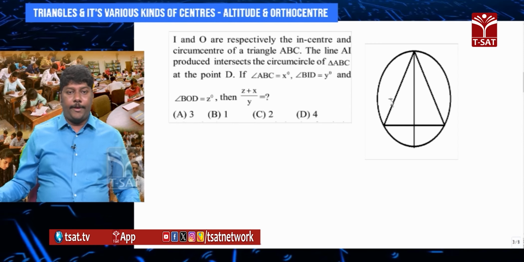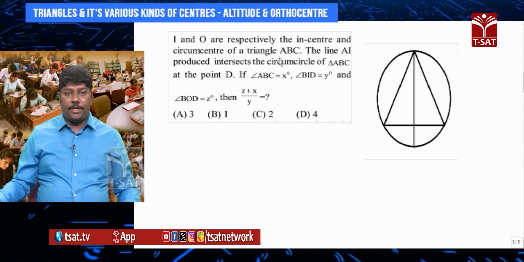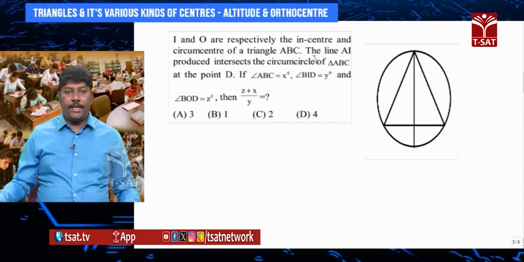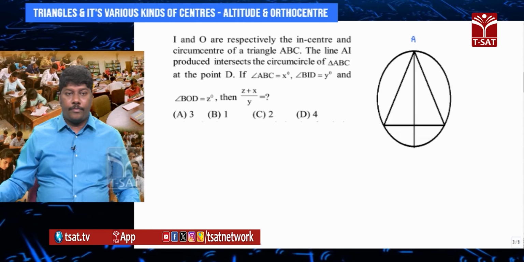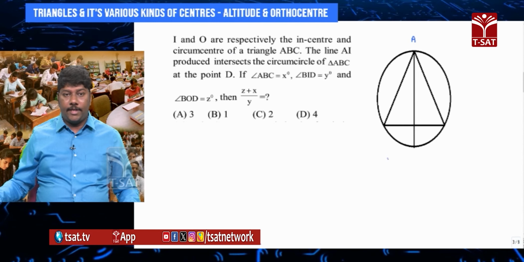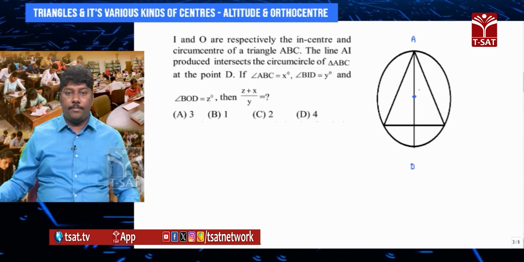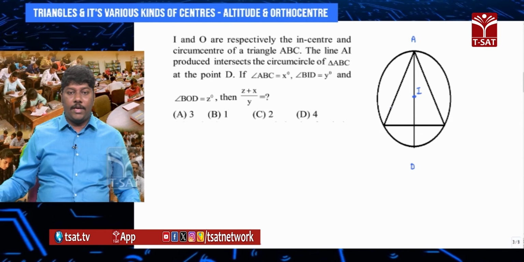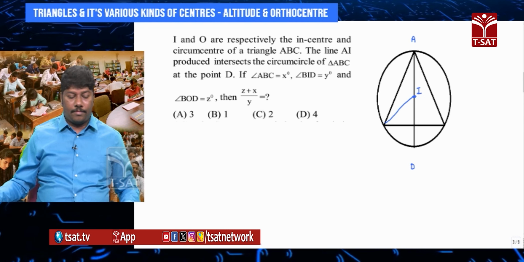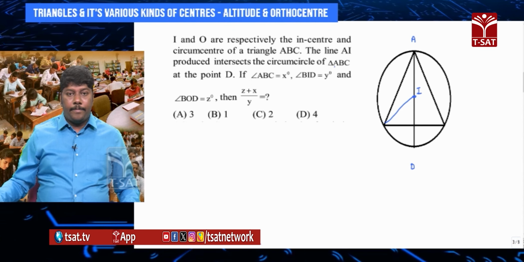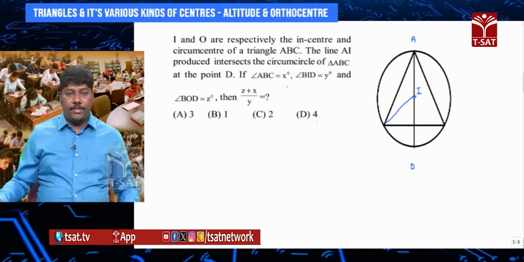This is the figure I got here. I and O are respectively incenter and circumcenter of a triangle ABC. The line AI, which means is produced to intersect the circumcircle at D. Here I am taking the incenter I. Incenter is actually an angular bisector of triangle ABC at point D, and angle ABC is equal to x.